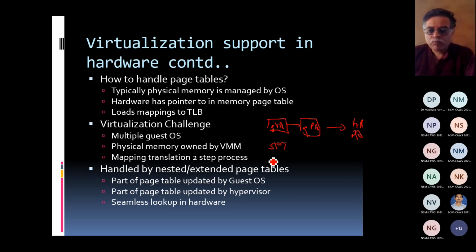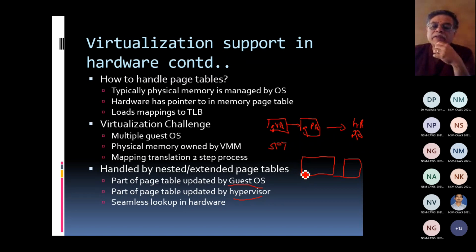Now, this is solved in hardware by creating a single page table such that part of the page table is updated by the guest OS and part of the page table is updated by the hypervisor. So you have two page tables, one for this and one for this.